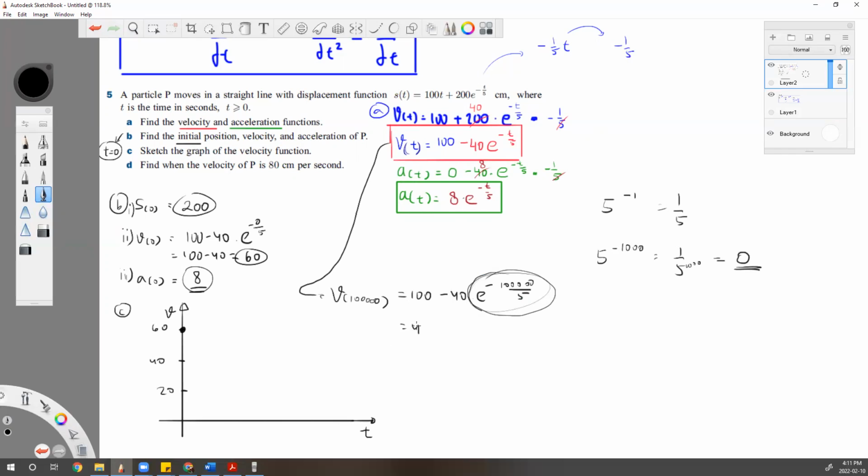So 40 times 0, so 100 minus 0. So it's near to 100. So it is increasing. The drawing is not so good right now because we don't have space for 100, so I will make it one more time to make it easier to see: 20, 40, 60, 80, and 100. It cannot be more than 100.